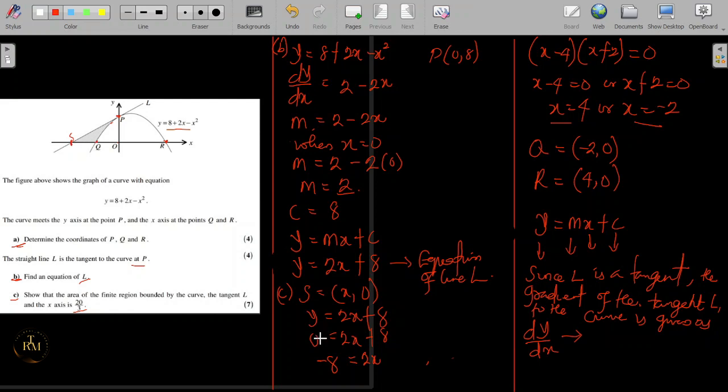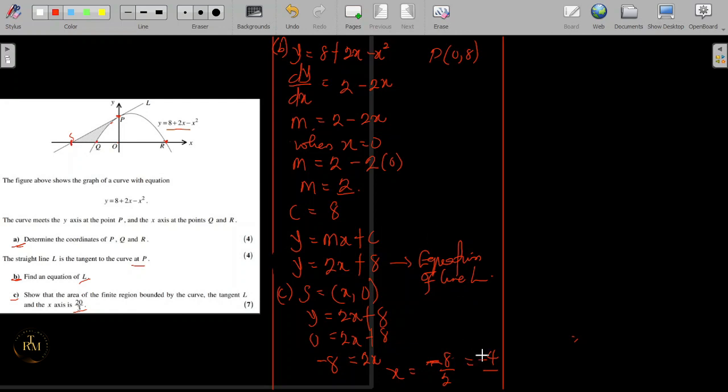If I take 8 from 0, that's minus 8. So x becomes minus 8/2, and that will give me minus 4. So the S coordinate, the intercept on the x-axis, has the coordinates of minus 4, 0.